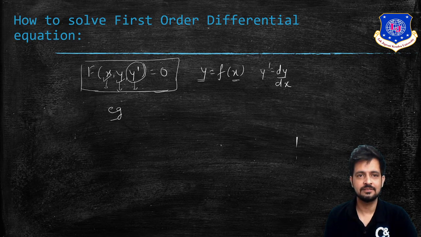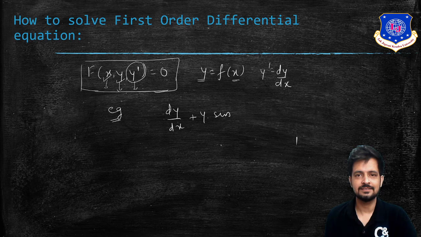Let me write one example. dy by dx plus y sin x is equal to 0. y dash plus e raised to y into x is equal to 0.